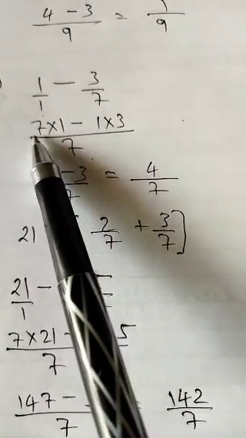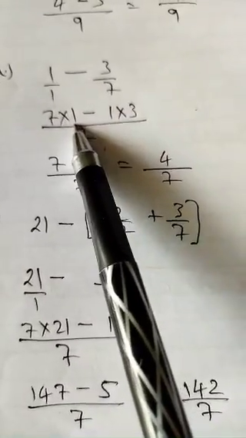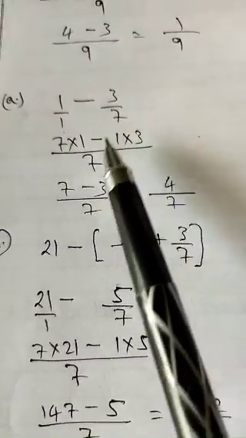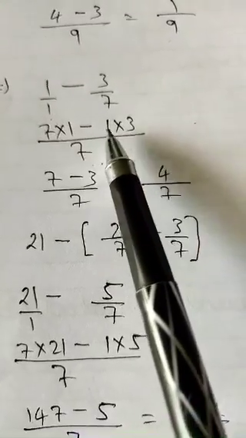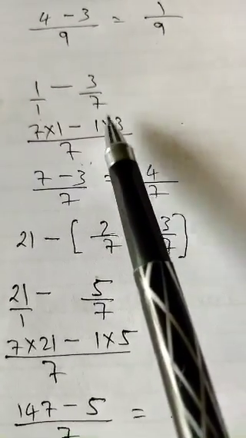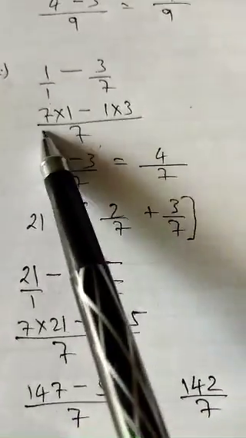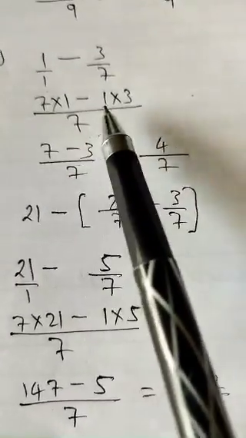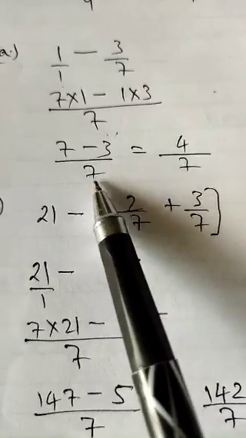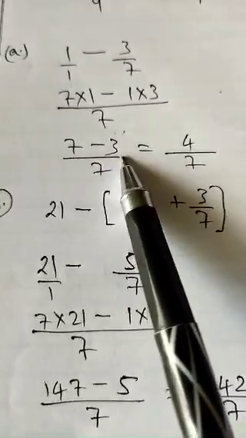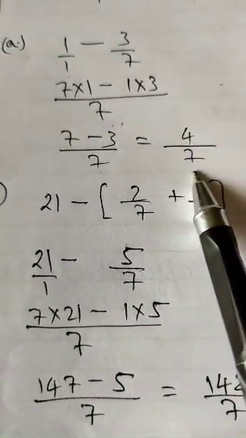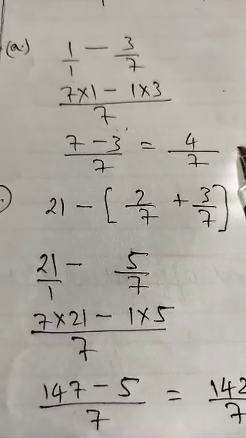Then you will write here 7. Then multiply with the numerator. Then minus, in the 7 table, how many times does 7 come? 1 time. Then you will write here 1 and multiply with the numerator. Then 7 into 1, 7, minus 1 into 3, 3 upon 7. Then 7 minus 3 is equal to 4 upon 7. So this is your answer.